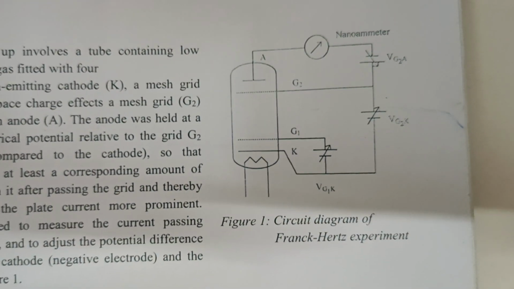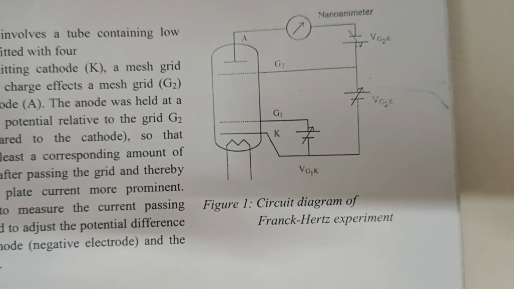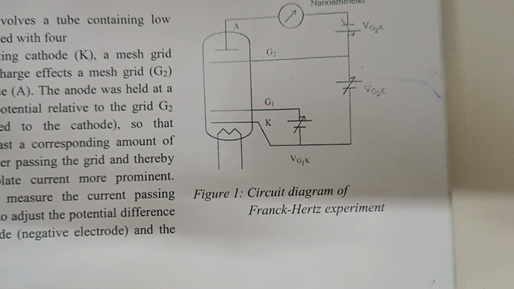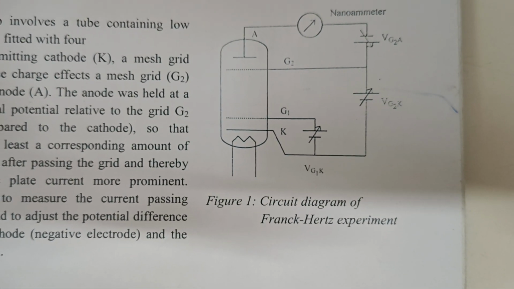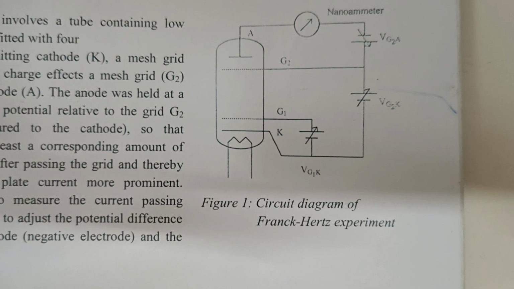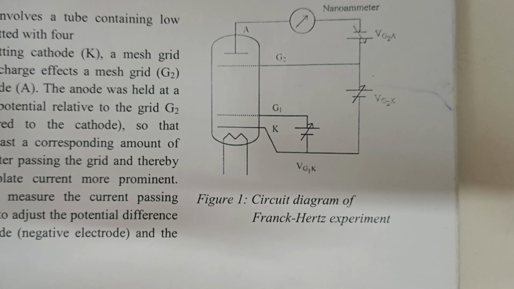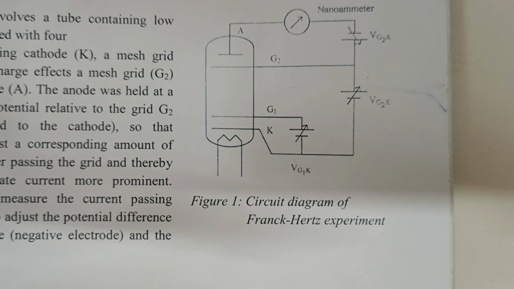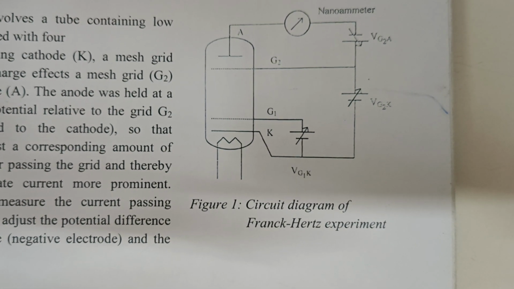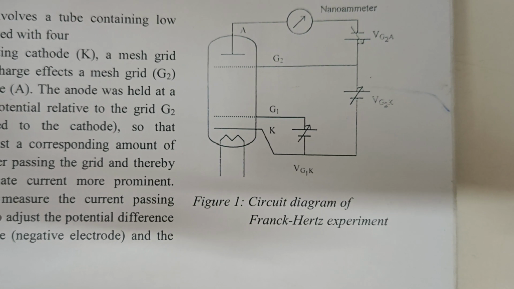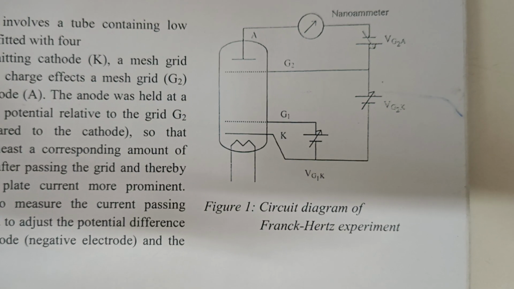As they gain energy, they collide with the argon atoms and lose energy to the argon atoms. Now if argon atoms have gained a sufficient amount of energy to go from their ground state to the first excitation potential, what we will observe is a dip in the current.